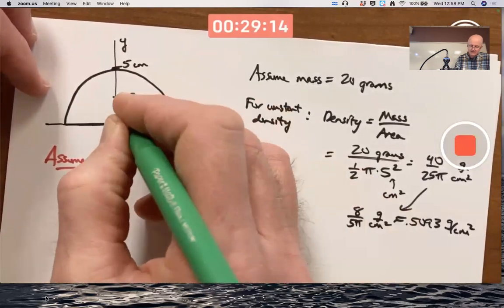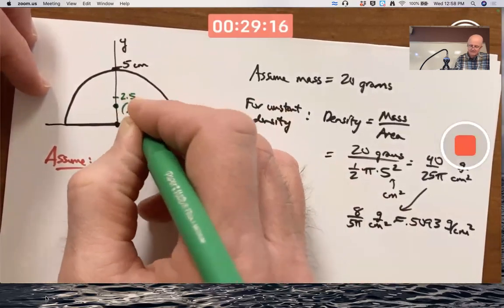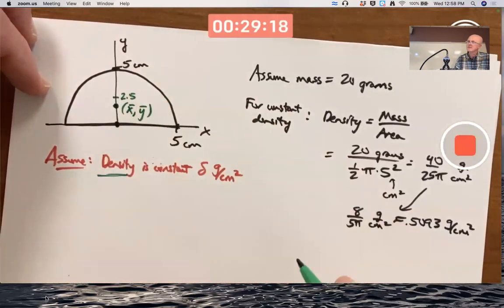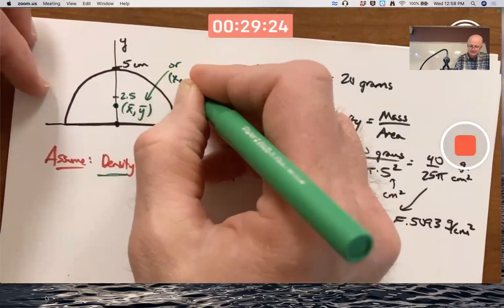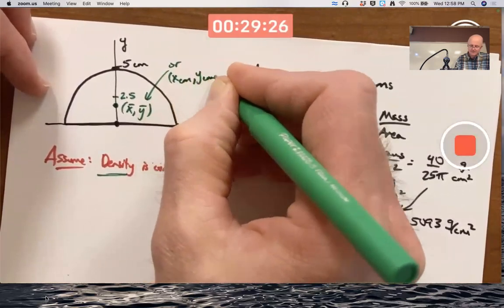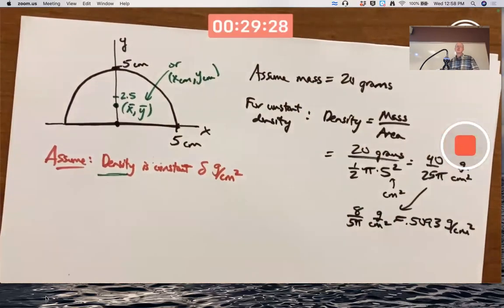Maybe that point is your center of mass. Call it x bar comma y bar, or if you prefer, x sub cm comma y sub cm. Either notation is okay.